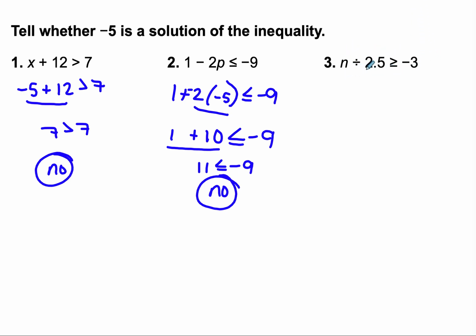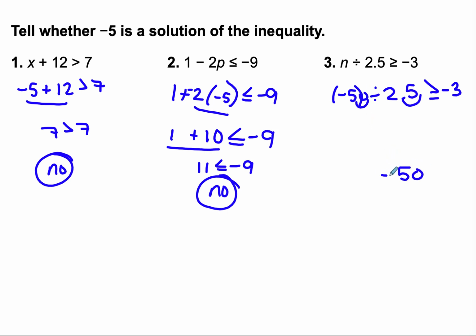And then number 3, n divided by 2.5 is greater than or equal to negative 3. Oh, I'm sorry, we're not canceling these out yet. We are substituting. We're not solving it, we're substituting. Okay, negative 5 divided by 2.5 is greater than or equal to negative 3. If I have 5 divided by 2.5, it's like moving that decimal one place over, placeholder 0 here.